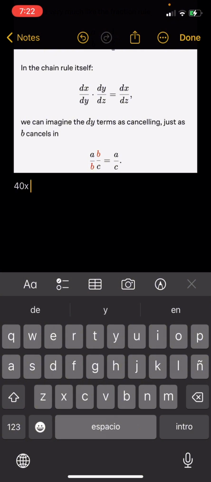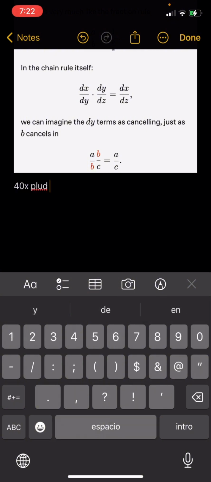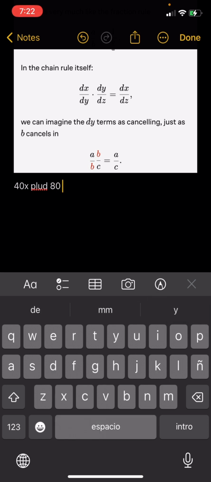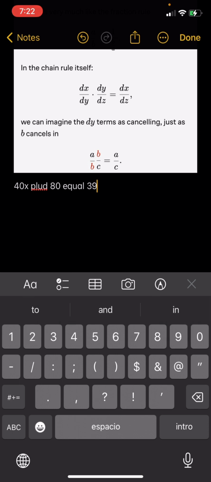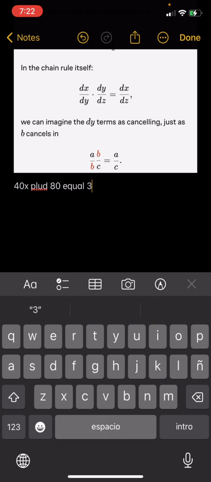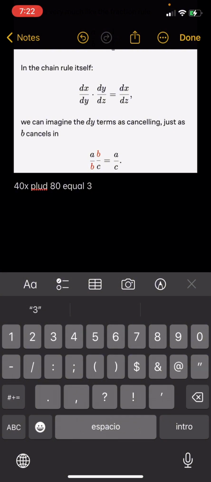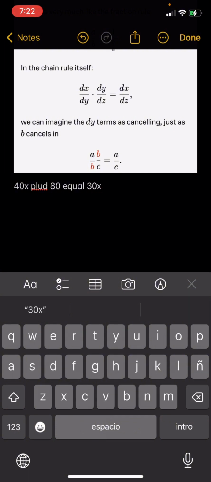And just plus... Here. Equal. Equals certain. So we eliminate. What would x have to equal?